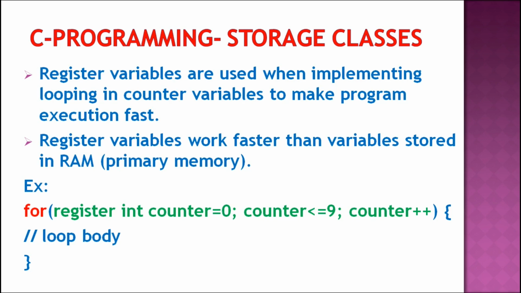For example, we have here a for loop with the condition: register int counter equals 0, counter less than or equal to 9, counter plus plus, and within that we have the loop body. This is the example for our register variables.